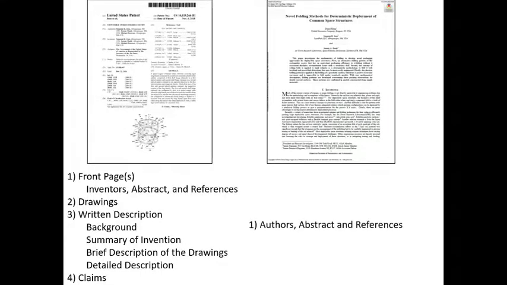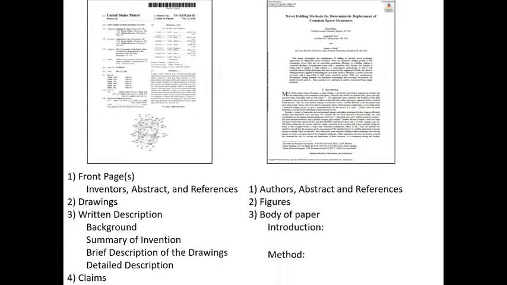So, we have this issued patent, and we've looked at the different parts, the front page, the drawings, the written description, and the claims. Let's compare that to our journal article. The journal article will also have a bunch of information, like the front page, authors, abstracts, references.